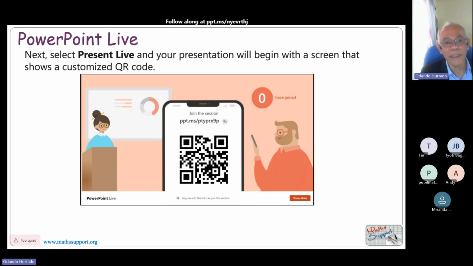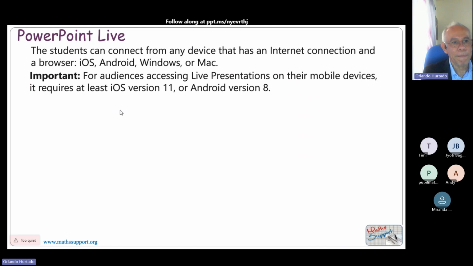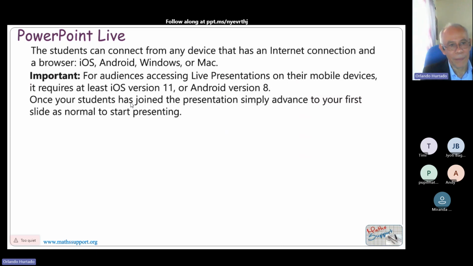So the student can connect from any device that has an internet connection in the browser: iOS, Android, Windows, or Mac. For audiences accessing Live Presentation on their mobile devices, at least iOS version 11 or Android version 8 is required.